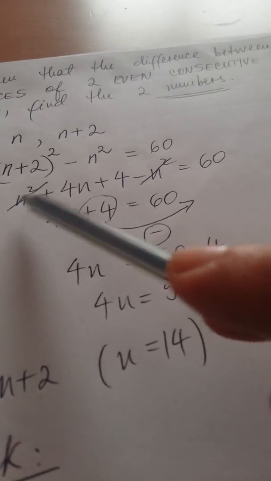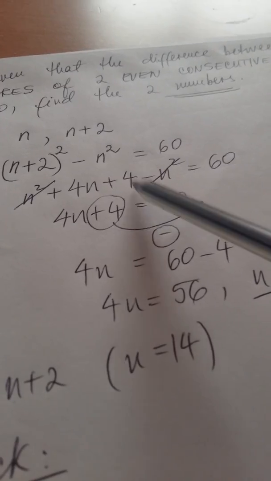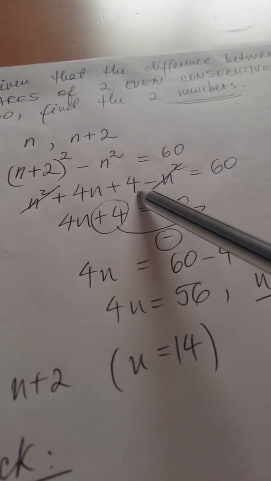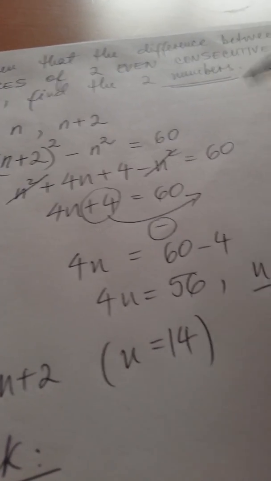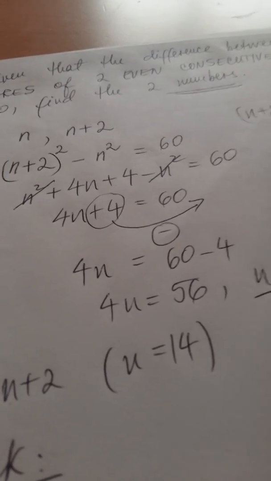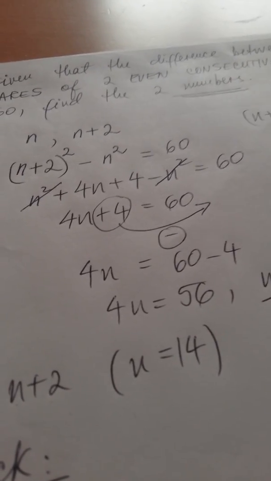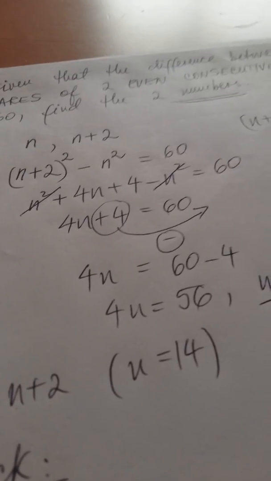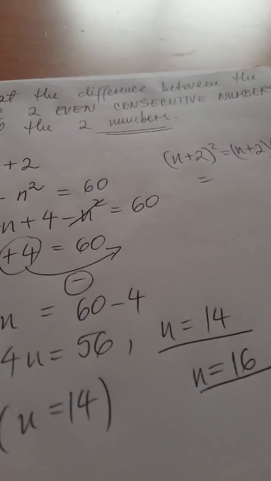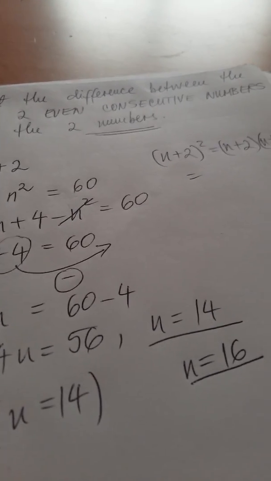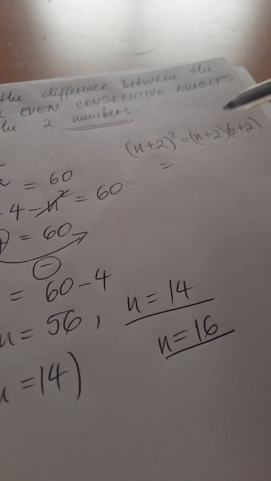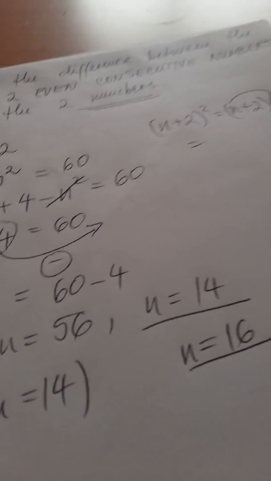Now, I actually expanded this as n squared plus 4n plus 4, which comes from (n plus 2) squared being equal to (n plus 2) times (n plus 2). If we use the smiley face method or FOIL or any other method we want, we will get n squared plus 4n plus 4.